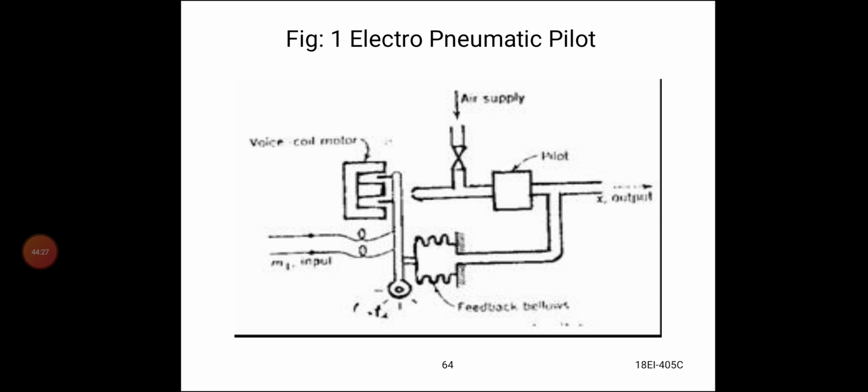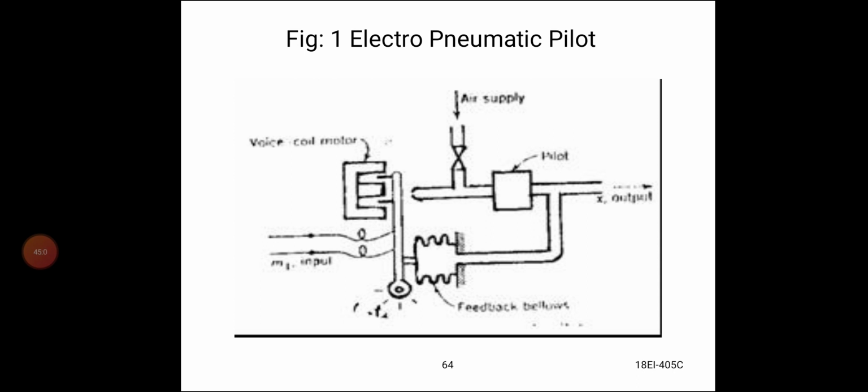The air supply comes into the pneumatic actuator through the pilot system. The pilot system converts this air supply into a proportional air pressure output. The output pneumatic signal is fed back to the bellows, producing a torque on the flapper opposite to the torque developed by the coil, so that the flapper is balanced.